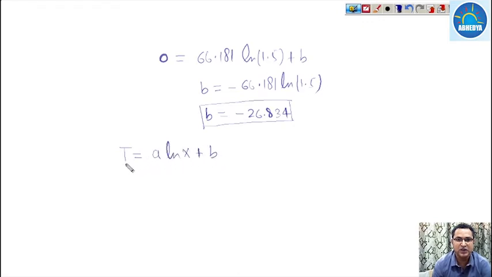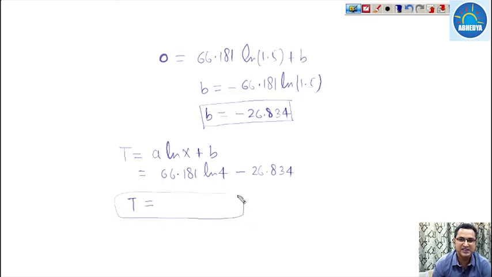Okay, so equation is T is equal to A ln x plus B. So now we have to calculate the T when x is equal to 4. So A is 66.181 ln 4 plus B is 26.834. By putting these values, you just check it, what is the answer. So this will give you the answer.